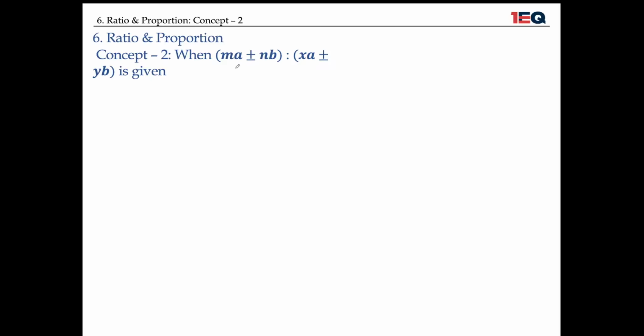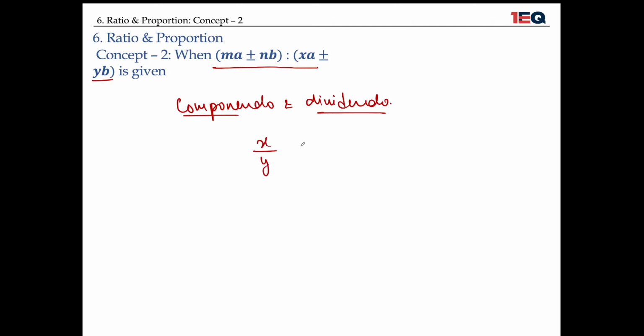Now, there comes a time when multiple ratios are given together. I've already taught you about componendo and dividendo. So this is a little similar to that, not completely similar. Whenever there is an equation that x upon y is equal to a upon b, and I apply componendo and dividendo to it, I can easily write that x plus y upon x minus y is equal to a plus b upon a minus b.